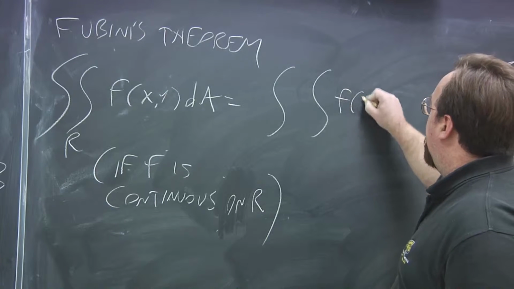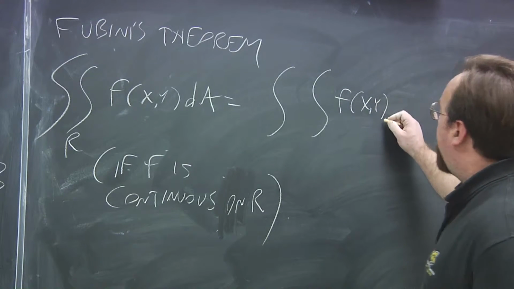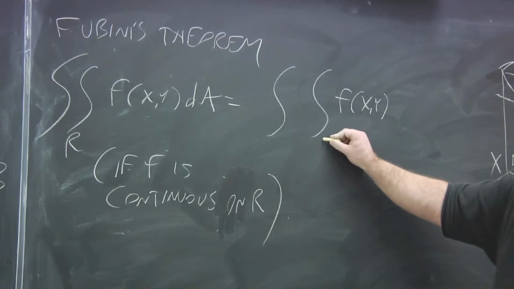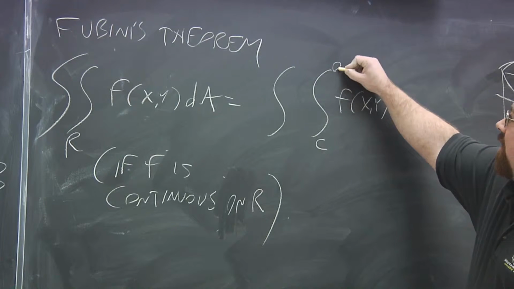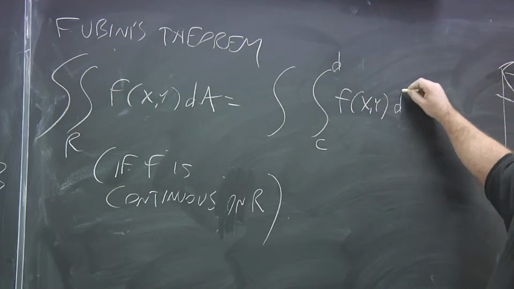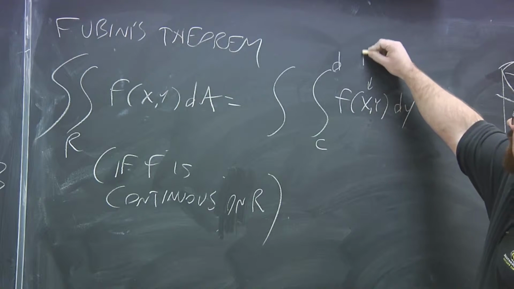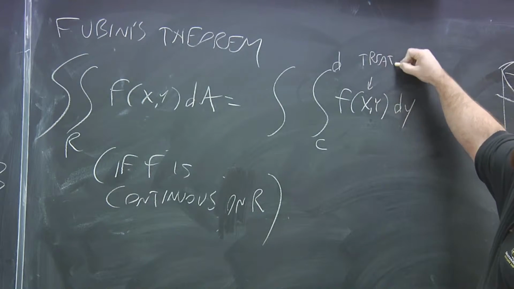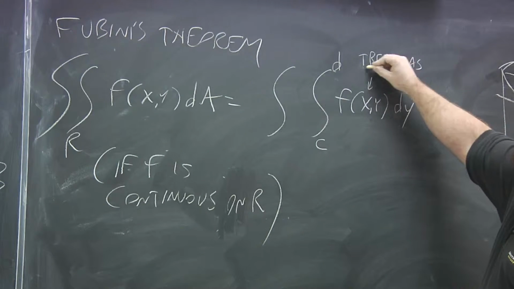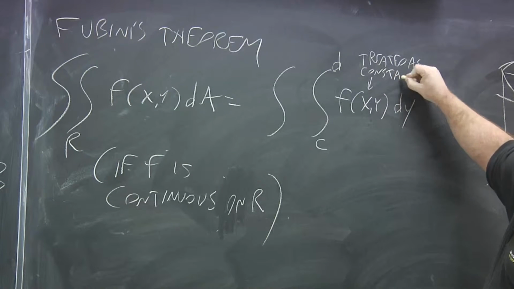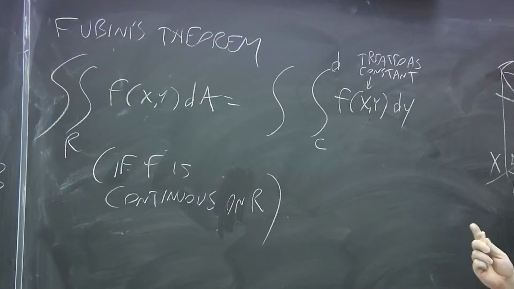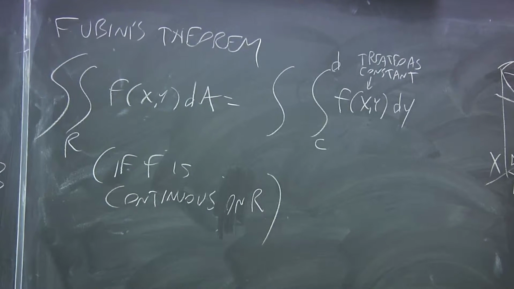So one way you can evaluate it is as follows. You take f of x, y and you integrate it from c to d with respect to y, where x is treated as a constant. So it's like partial differentiation, where you're differentiating with respect to one variable and holding the other variable fixed.